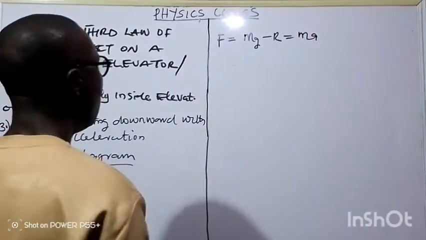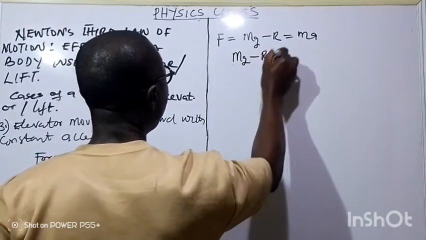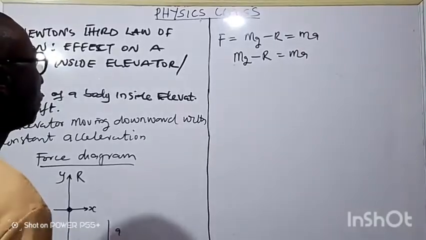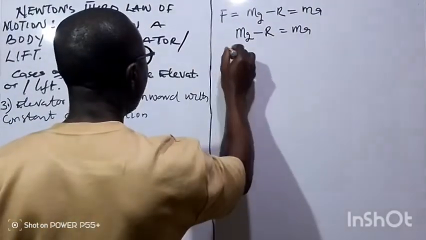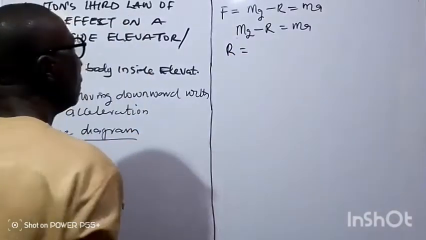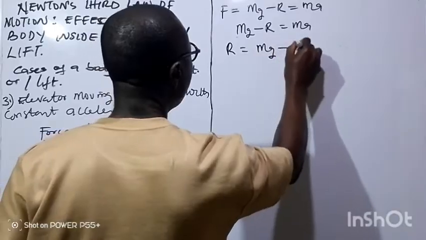So compare the two now. mg minus R is equal to ma. Now, making R, the reaction, the subject, R will be equal to mg minus ma.